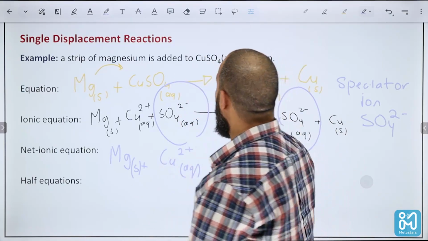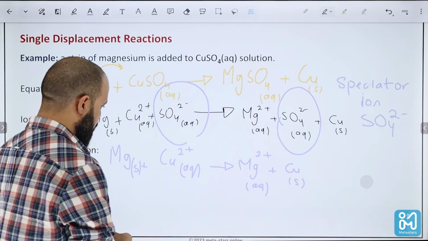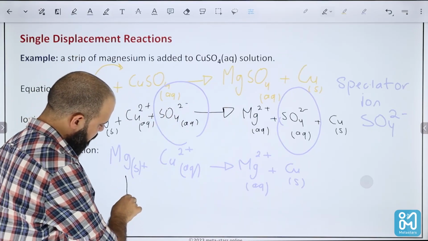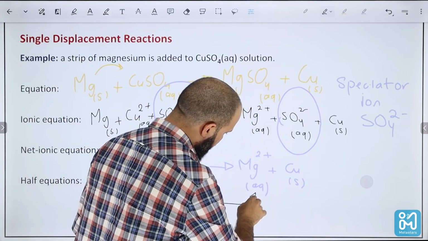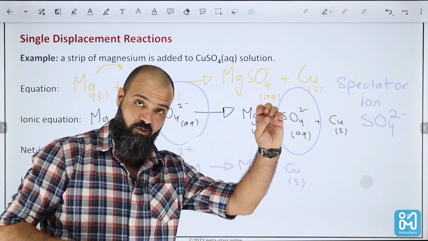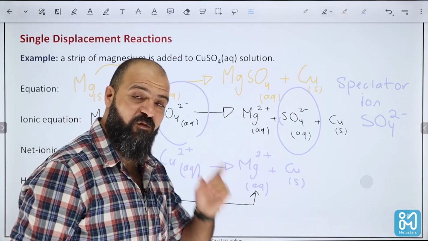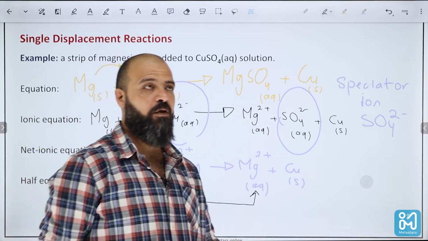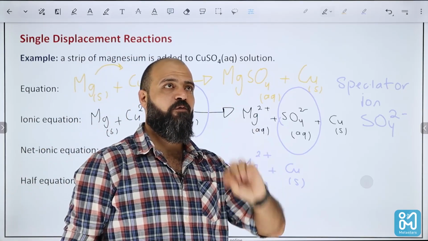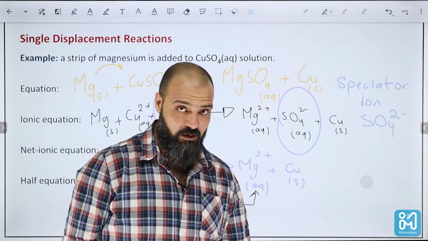Look. Magnesium, Mg, I'm going to set here. Mg, a neutral atom, changes to magnesium ions, positive charge ions. Is this formed by losing or gaining?